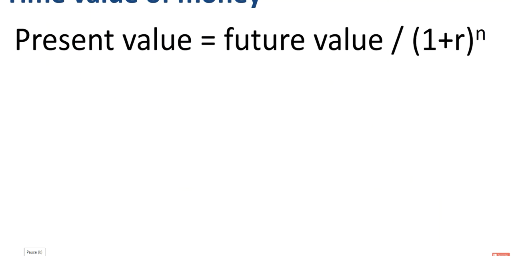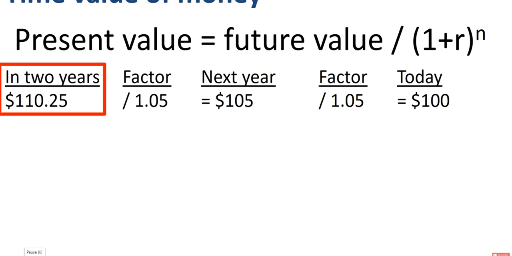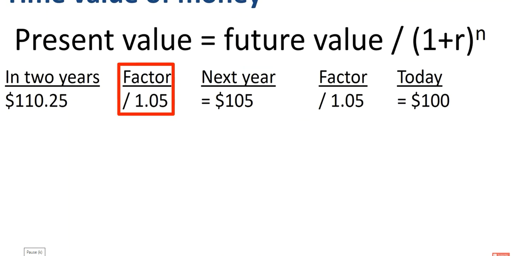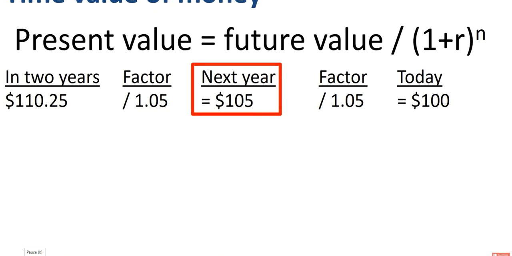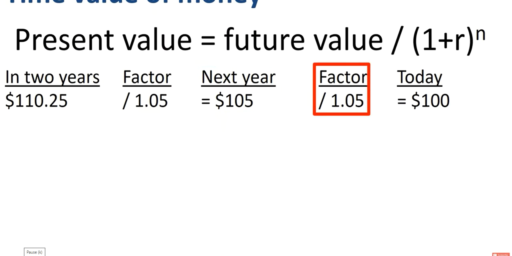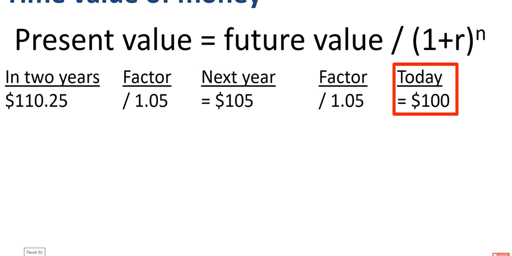We can also work in the opposite direction. The present value equals the future value divided by 1 plus the rate of return to the power of the number of years. $110.25 2 years from now divided by 1.05 is $105 1 year from now. That same $105 1 year from now divided once again by 1.05 equates to $100 present value today.